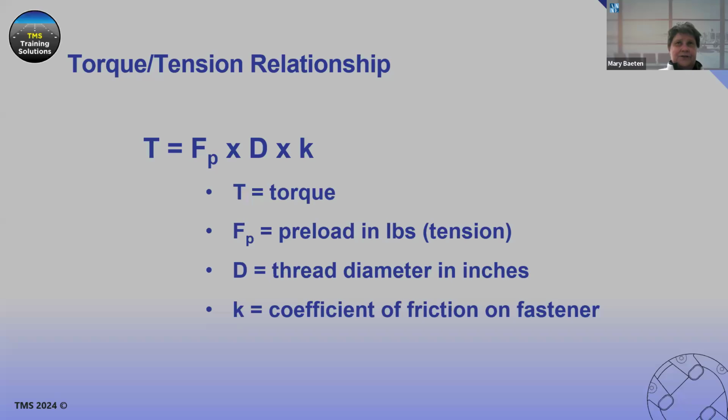It tries to take into account dirty threads, damaged threads, dirt in the holes, dirt in the threads, the female threads, almost anything that they can think of that would cause more friction installing this, so we have less preload or less tension in the bolt. So that's how we use the formula.